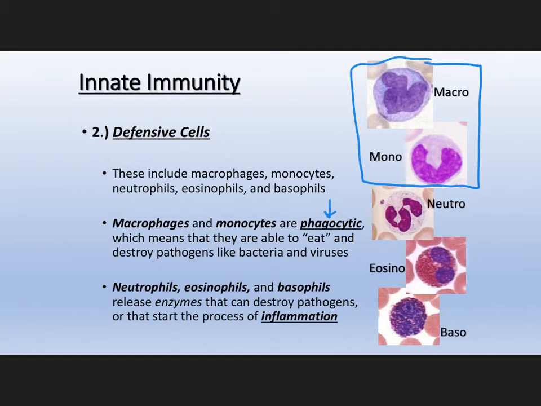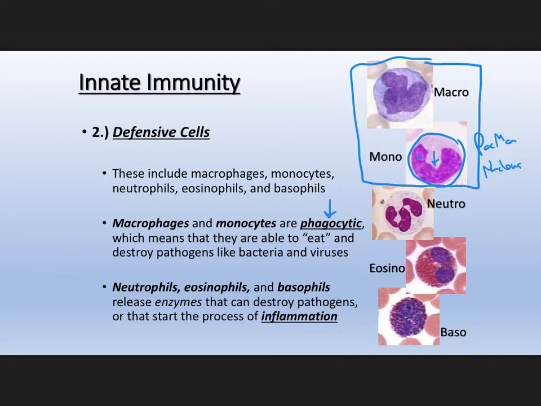It just depends on where you find the cell what name you give it. But a lot of times, macrophages and monocytes will have what I call a Pac-Man nucleus. It helps us remember that this is a cell that would potentially eat something. But what we're saying here is not the nucleus; the whole cell would just engulf a bacterium or a virus and destroy it.